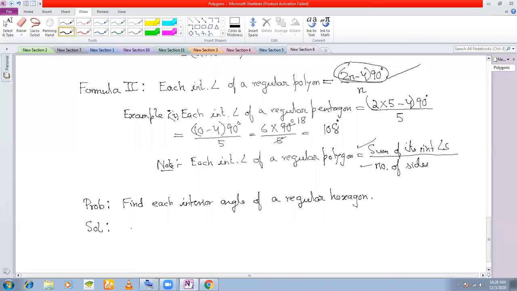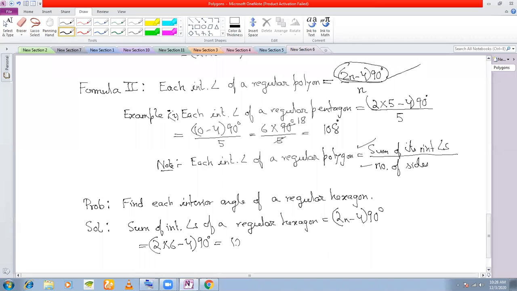First of all, you find the sum of the interior angles of a regular hexagon. Use the formula (2n minus 4) into 90, which is 2 into 6, a hexagon has 6 sides, which is 12 minus 4. You have calculated this above actually. 8 into 90, which is 720.